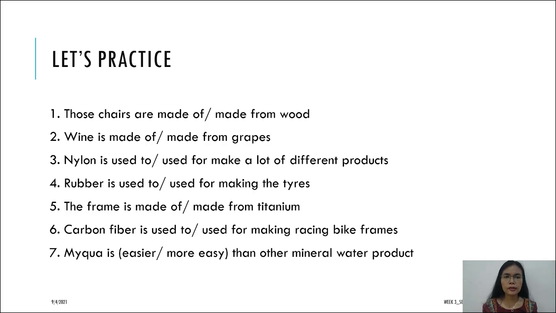And of course, when you answer, it's not only the answer, but you also need to give the reason why the answer is that one. Okay, so for example, number 1, it's made of because, etc. Okay, and until the answer for number 7. And we will discuss this answer in the practicum session along with some of the questions in the practicum slide.